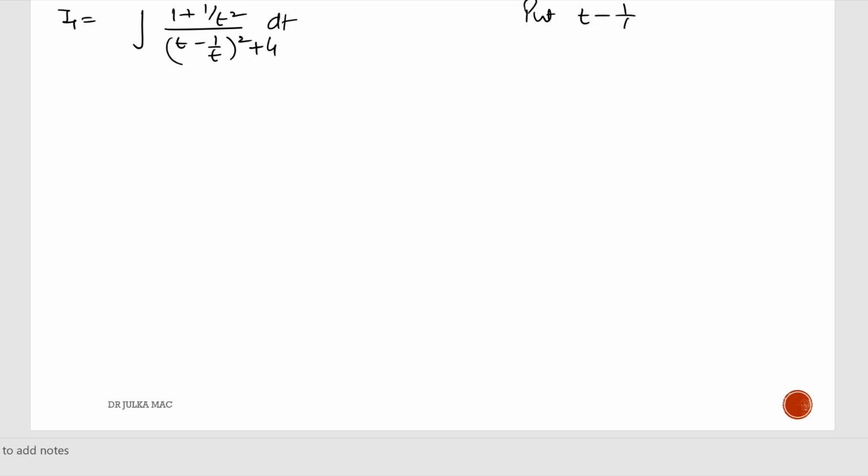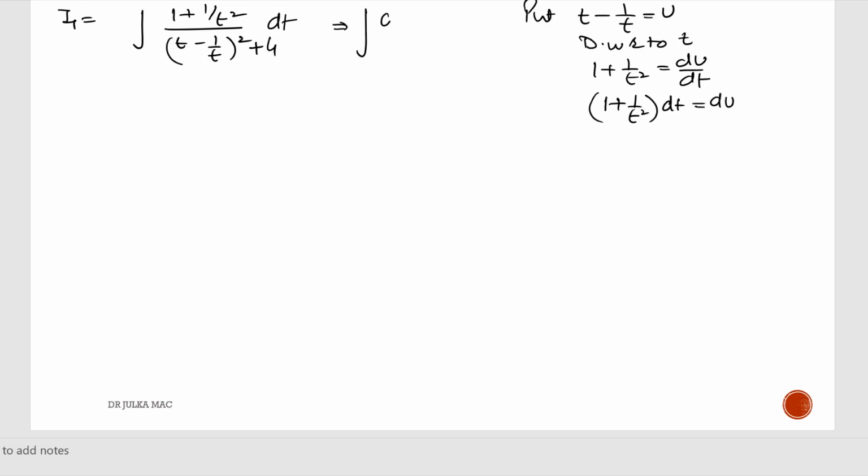Here we put t minus 1 by t equals to u. Differentiate with respect to t and we'll get 1 plus 1 by t square equals to du by dt. So (1 plus 1 by t square) dt equals to du. Replace numerator with that du and t minus 1 by t by u. Now the formula for du upon u square plus 2 square is 1 upon 2 tan inverse u by 2 plus c1.